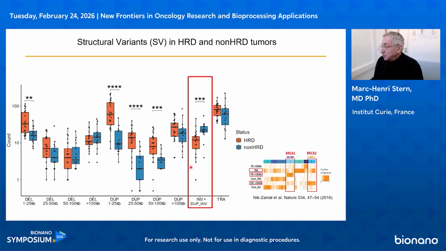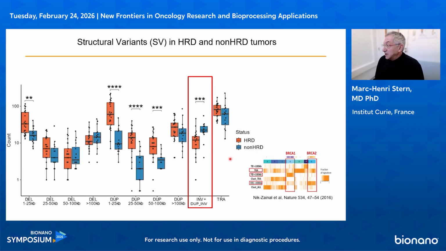We were more surprised to identify inversion and dup-inv, and these features were increased in non-HRD samples as compared to HRD samples.